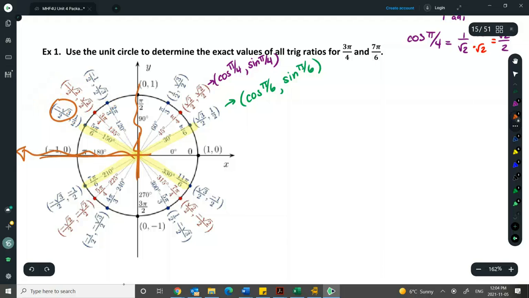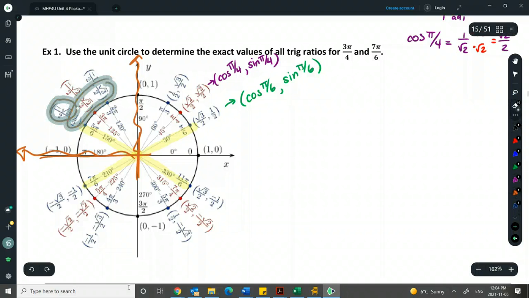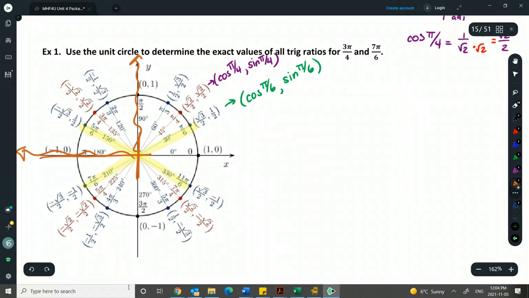What do we know about the y's in this quadrant? If I go up on the y-axis, they're positive. So look at all the y's in this quadrant. They're all positive, right? And all the x's for the points in this quadrant are negative. That's where the cast rule actually comes from, right?